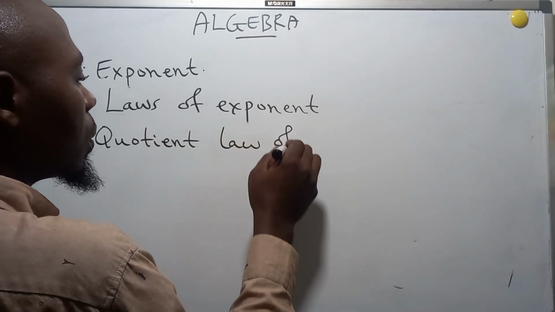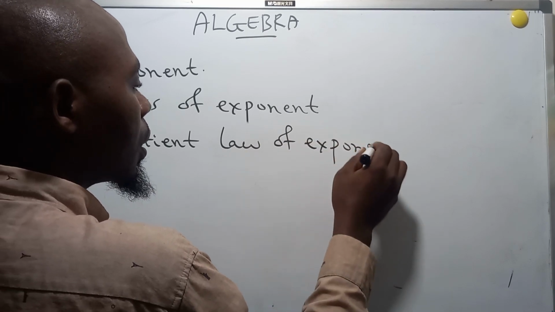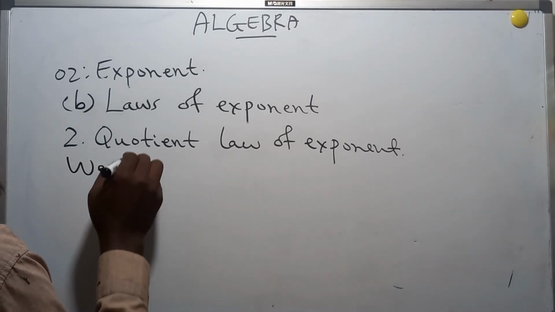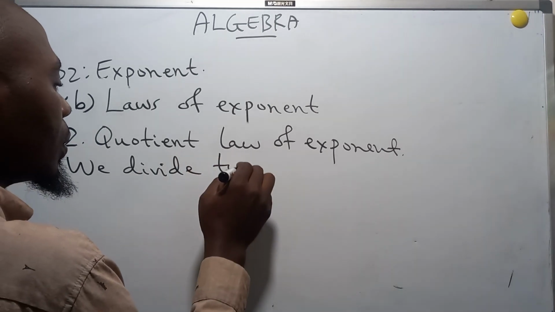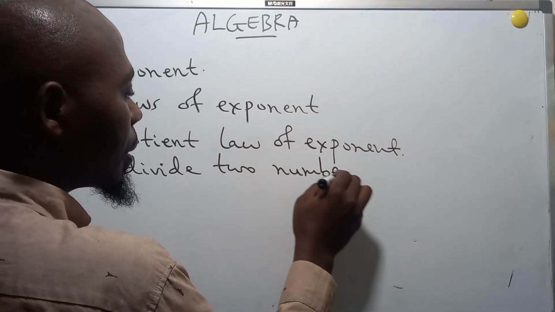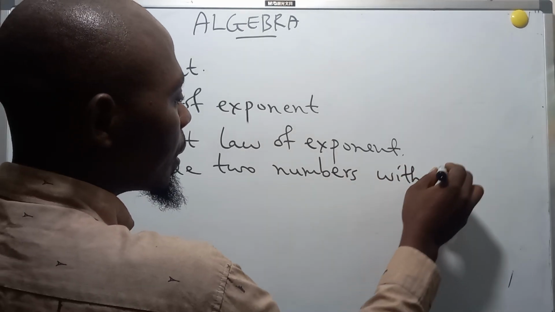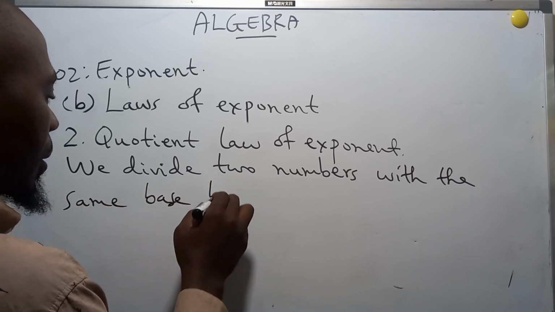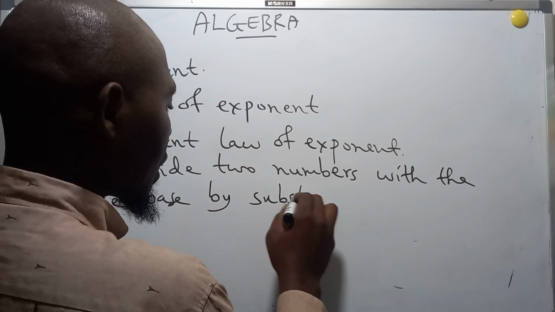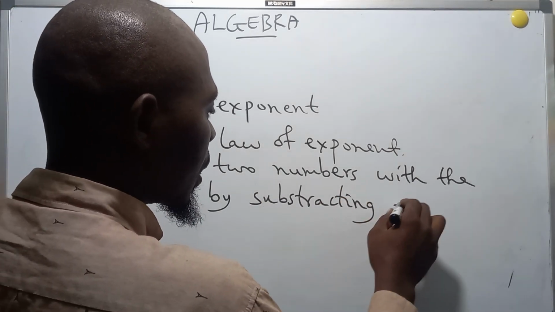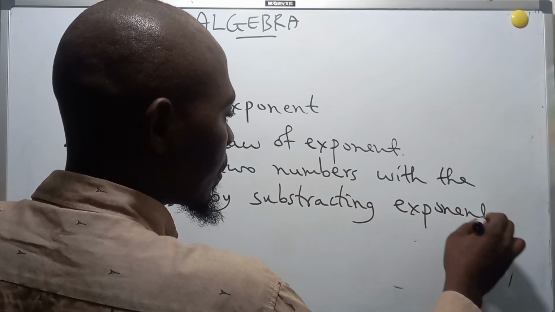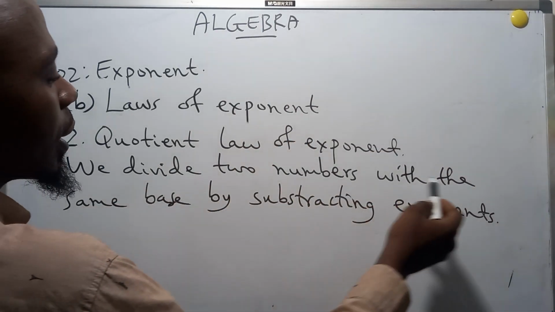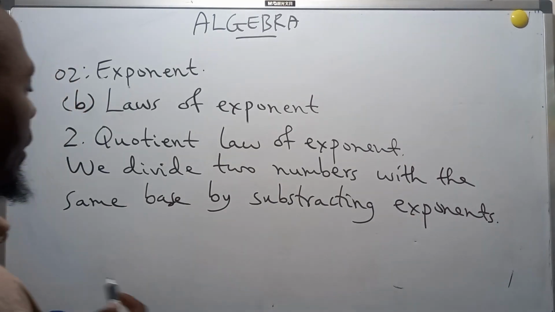Quotient law of exponent states that we divide two numbers with the same base by subtracting exponents.